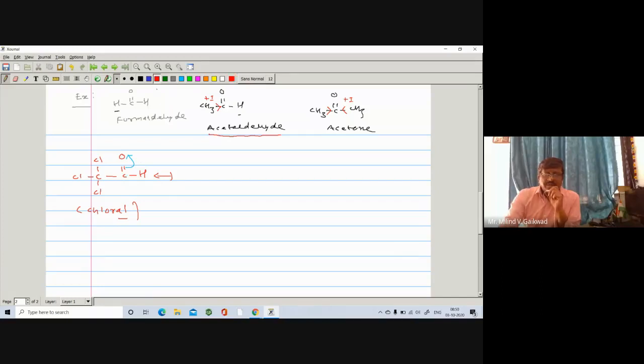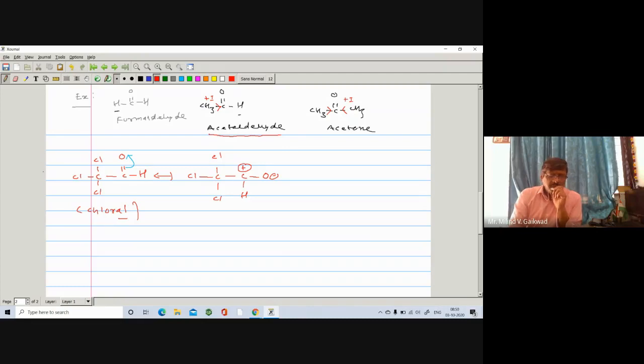So there is a generation of C positive. Here there is Cl, and there is a formation of the corresponding O negative. I write this H here, and here O negative, and here is a positive charge.